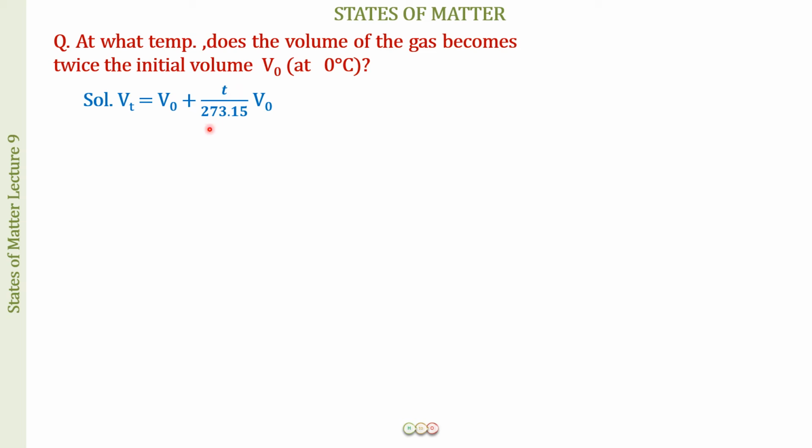It is only this term that we want to be equal to 1, so that we get V0 plus V0. So what should be the temperature? Well, the temperature should be 273.15 degrees Celsius. Then you will be getting Vt equal to V0 plus 273.15 over 273.15 of V0. So this is going to cancel. What we will be getting is V0 plus V0 equal to 2 V0.